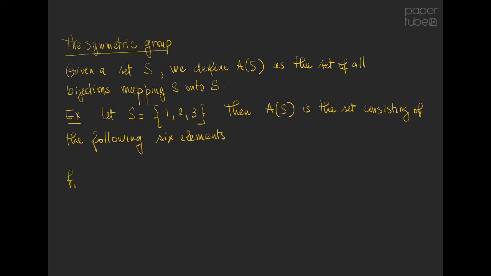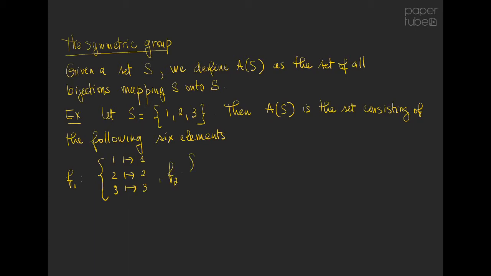First, let's call this map F1. F1 will act on the set by sending every element to itself: 1 goes to 1, 2 goes to 2, 3 goes to 3, and so on.